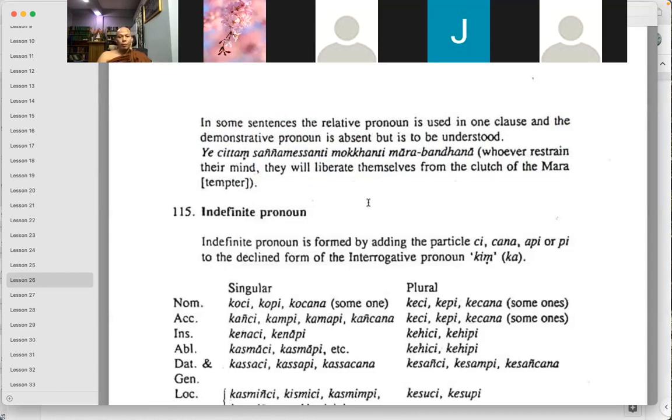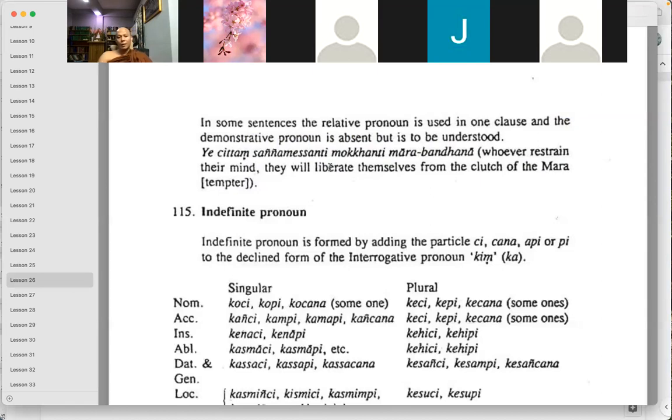Ye, so whoever restrain their mind, and then te. So here before muccanti, te, they will liberate themselves, mārabandhanā, from the clutch of Māra, or tempter.